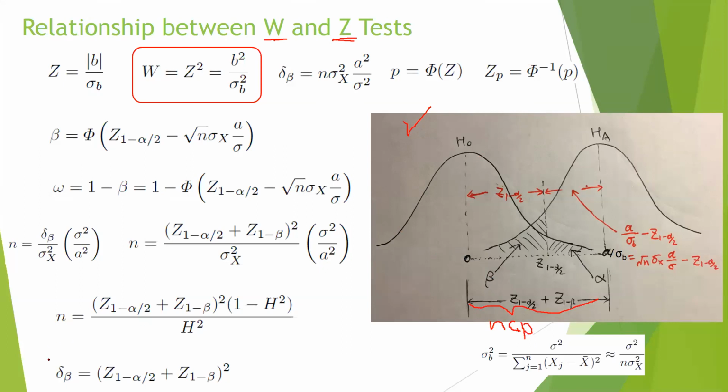This is the formula that we can use to calculate the non-centrality parameter. So we need to calculate the critical value for the normal distribution, which specifies the area equal to 1 minus alpha divided by 2, and also another one, right?